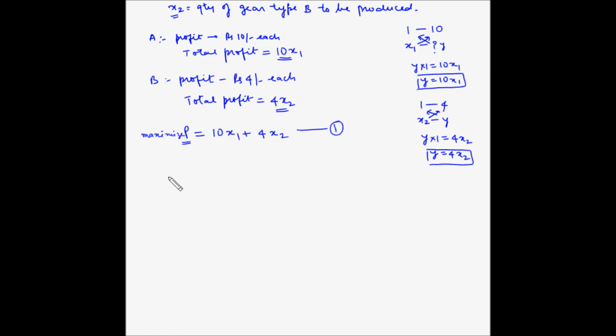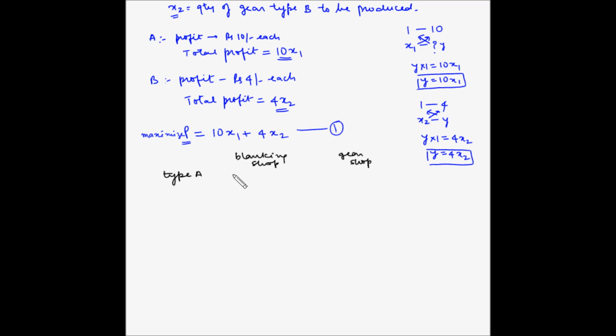So we have been given that each gear of type A needs 20 minutes of processing in the blanking shop and 40 minutes of processing in the gear shop. So for type A gear, this is for the blanking shop and the gear shop.